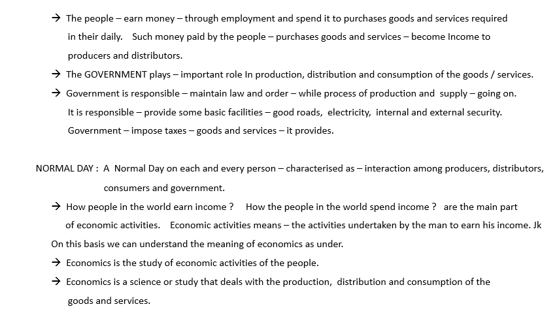Also, the government imposes taxes on the goods and services purchased by the consumers, produced by the producers and distributed by the distributors, and that tax money is used by the government to provide basic facilities to the people.